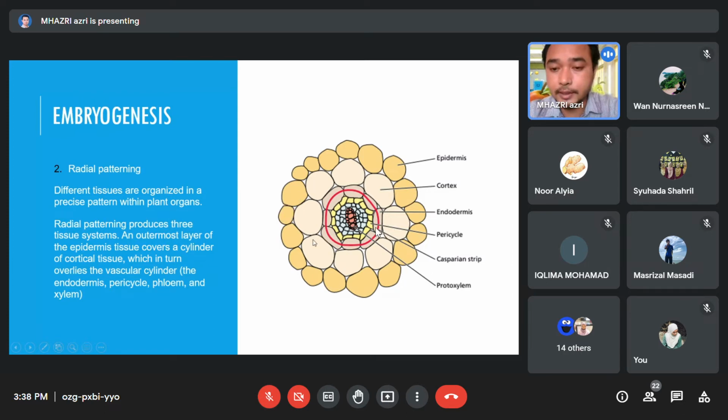If we make cross sections at the apical stem and basal stem, we will observe the same arrangements. So these arrangements start during embryogenesis, and will continue during the plant life cycle.